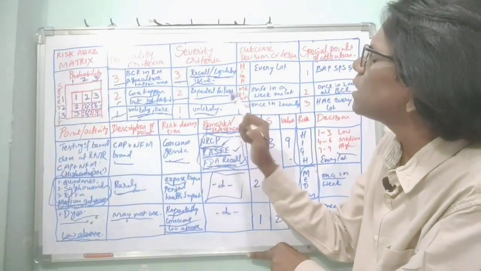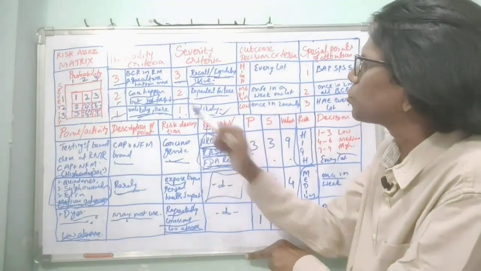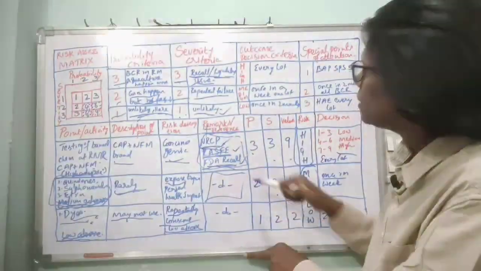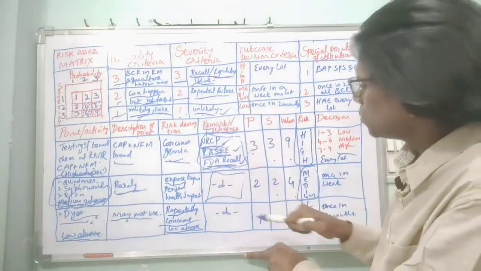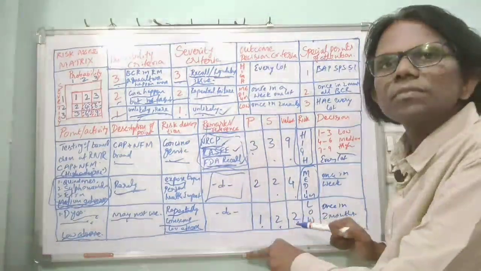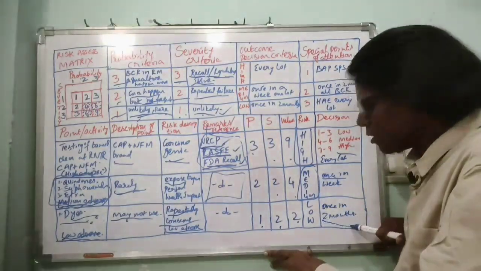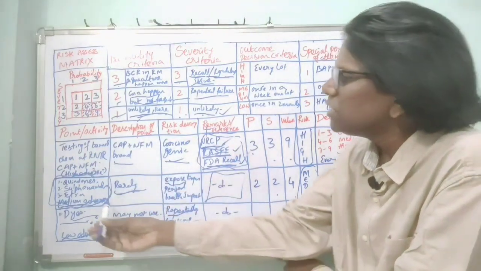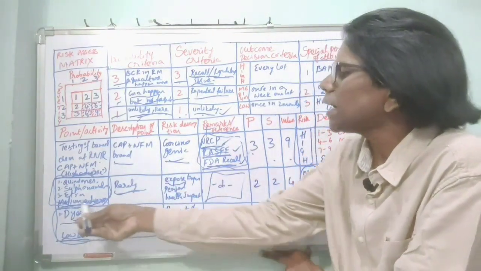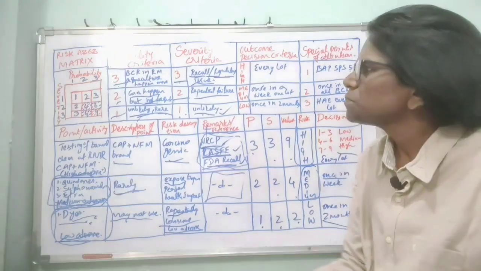And severity also unlikely to happen, health impact is the score 1. So like this. The severity may be 1 or 2, and 1 multiplied by 2 is equal to 2, and the risk rating is low. Then we have to test these parameters once in 2 months at the raw material receiving stage.